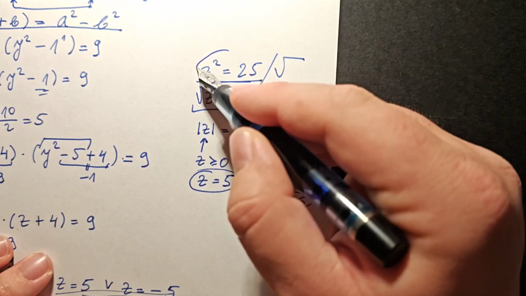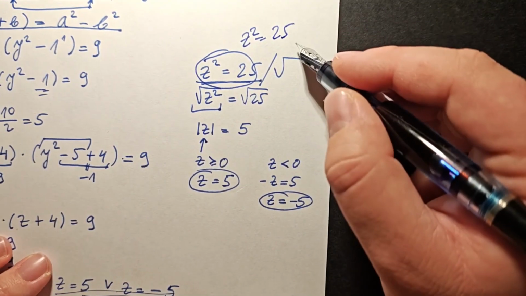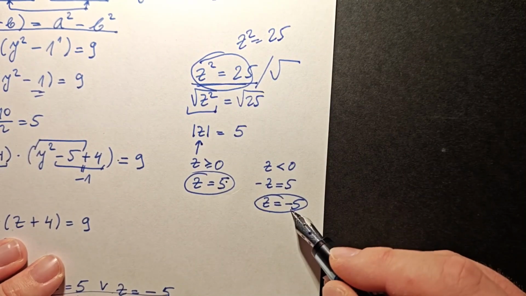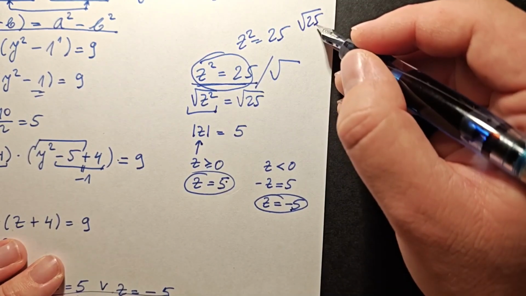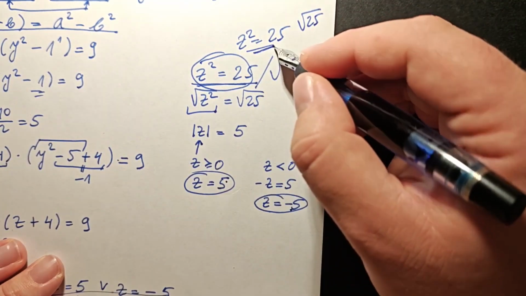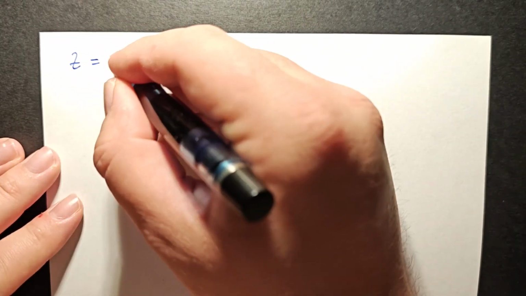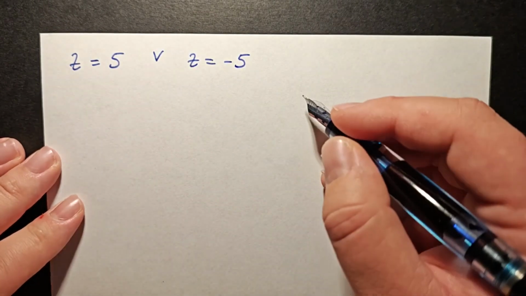Solving a quadratic equation of this form, z squared is equal to 25, is going to give us the solutions plus 5 and minus 5. The square root of 25 is different from solving an equation like this. It has only the value of 5. So we have the solutions that z is equal to 5 or z is equal to negative 5.